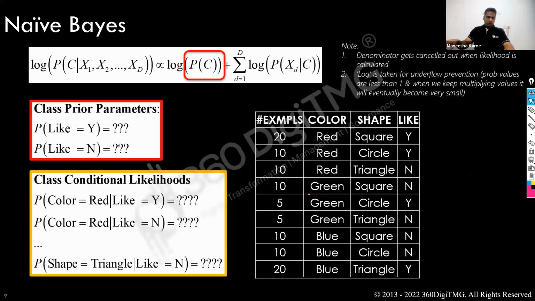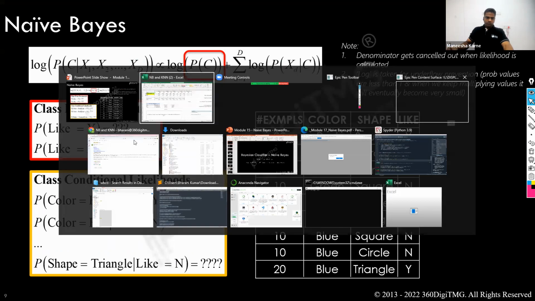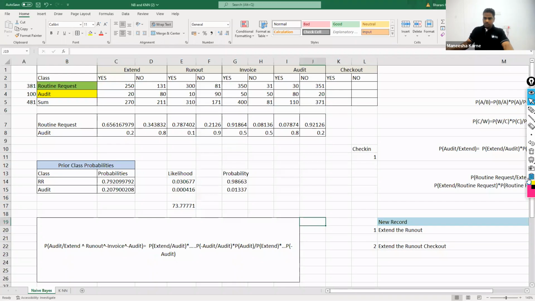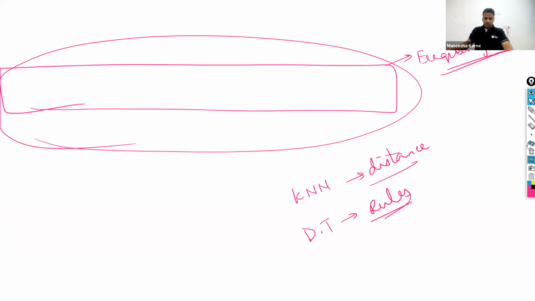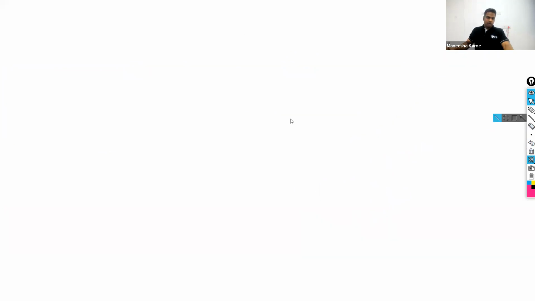Because when we take a log, right? So what was the formula that we have written? Probability of class given word 1, word 2. I'll take only 2 words for the simplicity. Is given as 1 by Z. Z is the scaling factor.